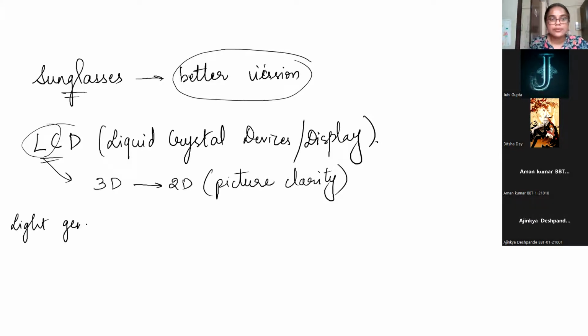In regular light, the electric field could vibrate on an infinite number of planes. Full stop.